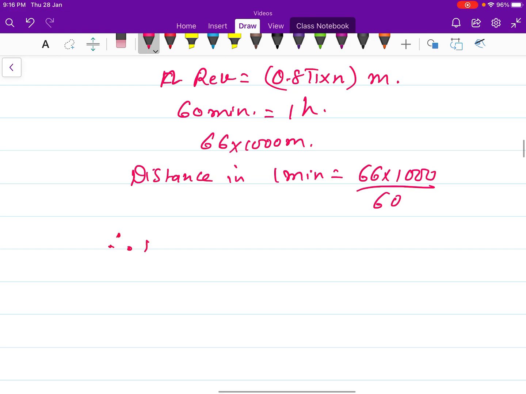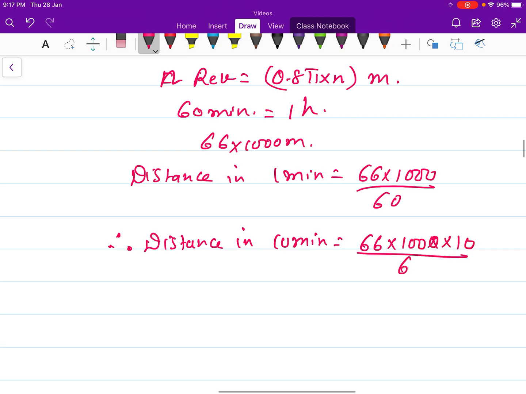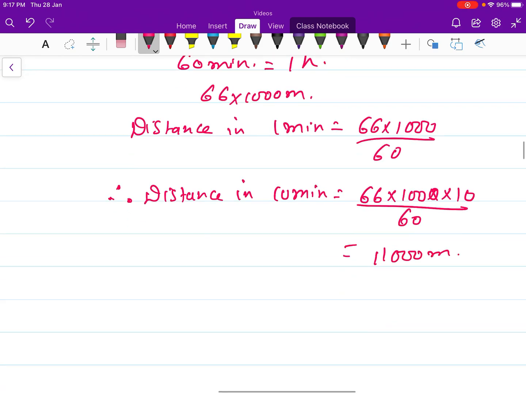Therefore, the distance in 10 minutes is equal to 66 into 1000 into 10 upon 60, which is equal to 11,000 meters.